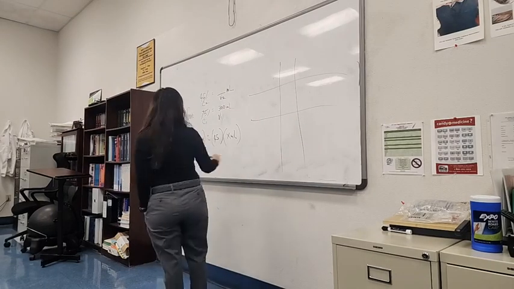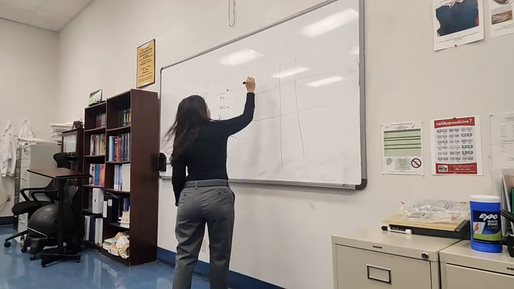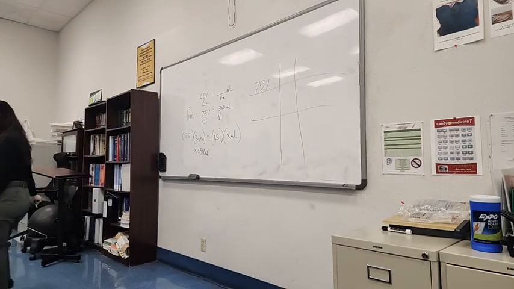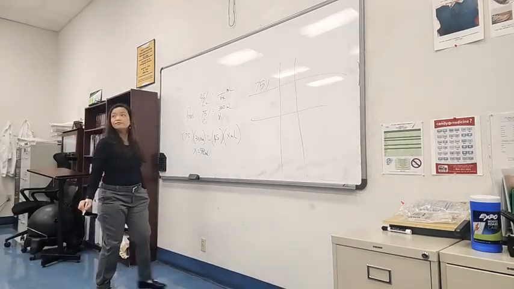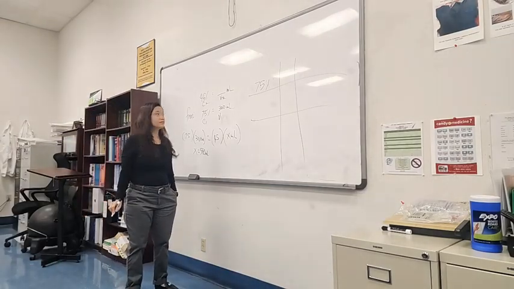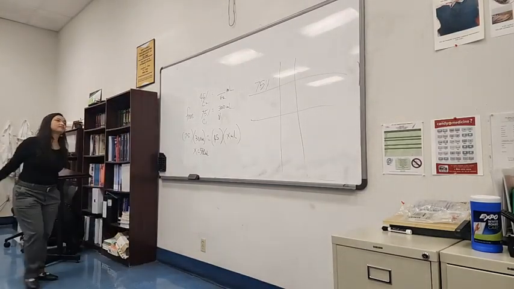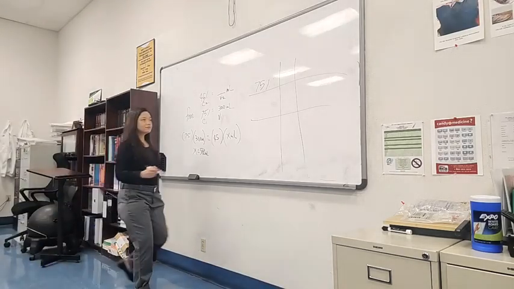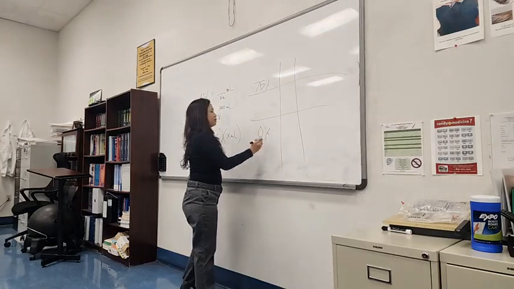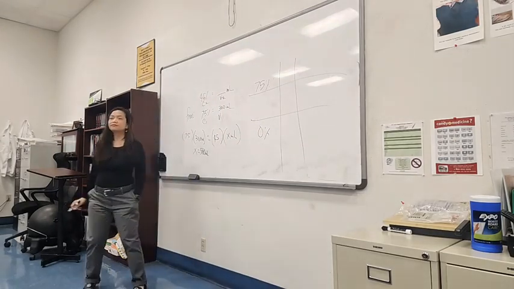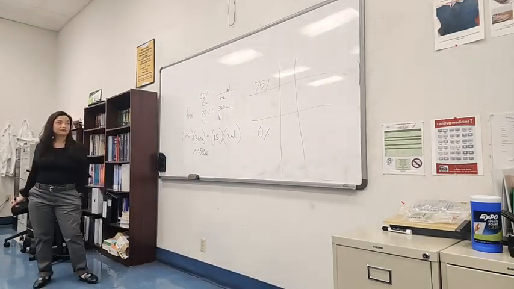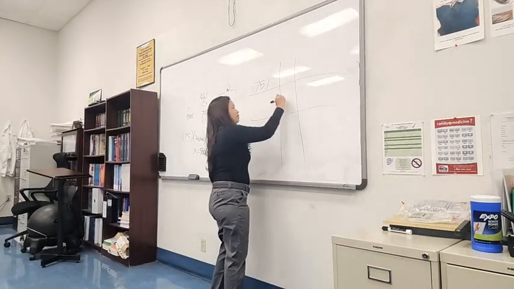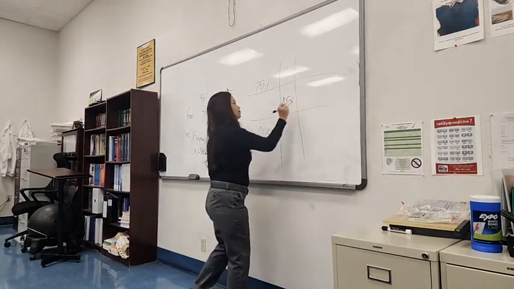What do I put on top? Valentina, what do I put at the bottom? Zero? Very good. Karen, what do I put in the middle? 45. Very good. Ashley, what's next?